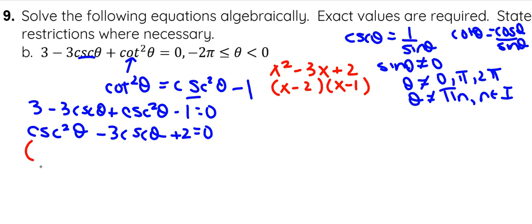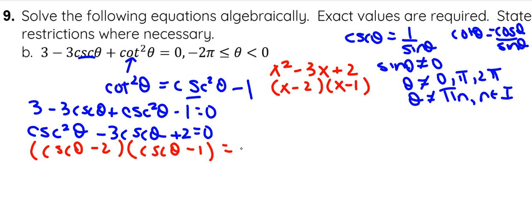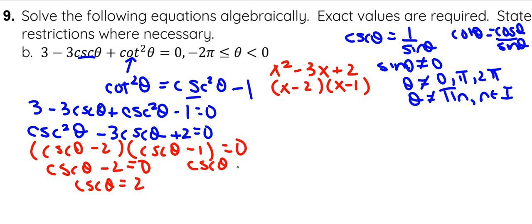So over here I can factor it as cosecant theta minus 2 and cosecant theta minus 1 equals 0. Let's set each one. Cosecant theta minus 2 equals 0, which means cosecant theta equals 2. And here, cosecant theta minus 1 equals 0, which means cosecant theta equals 1.